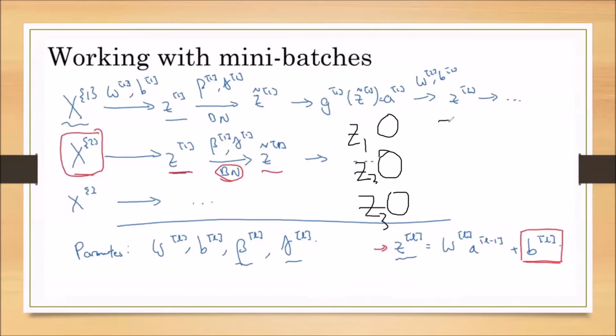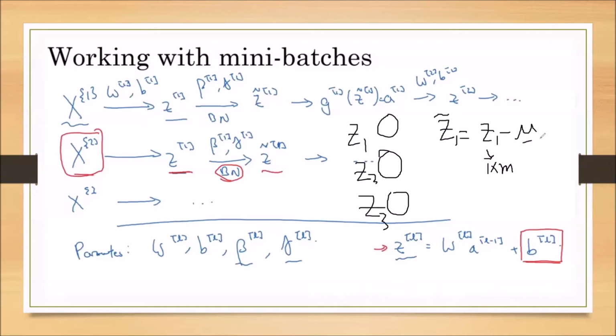Now in order to get the normalized value of Z1, we are taking Z1 minus mu. Remember, if I ask what is the matrix size of this Z1, then the matrix size of this Z1 is nothing but 1 by M, because for M training samples, you are getting M outputs. So this is a 1 by M matrix.